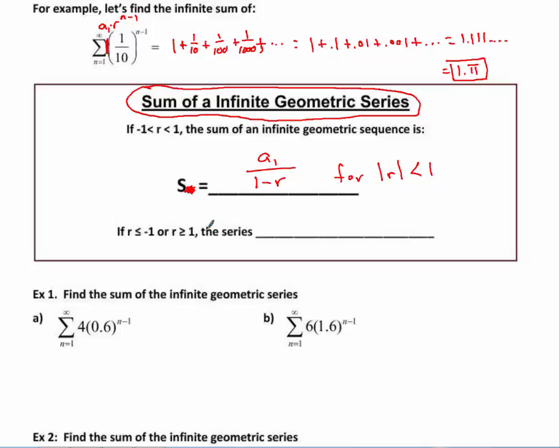And all that means is r is a fraction less than 1. That's kind of how you can think about it. So if r is less than or equal to negative 1, or r is greater than or equal to 1, then the series has no sum. Okay, that's all we're going to say. It just doesn't have a sum. We're not going to be able to do it.